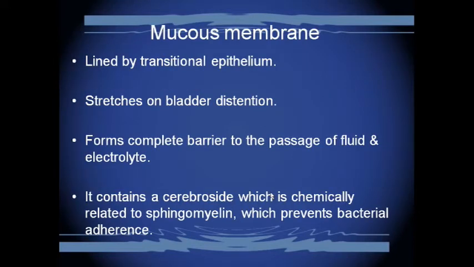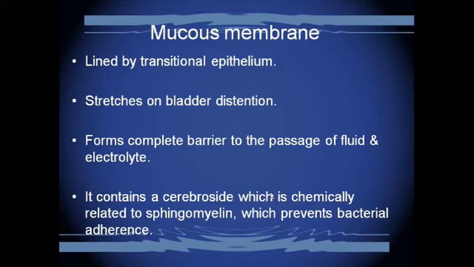So about the mucous membrane, it is lined by transitional epithelium. As you know, the bladder, ureter and renal pelvis are all lined by transitional epithelium, which stretches on distension of the bladder.